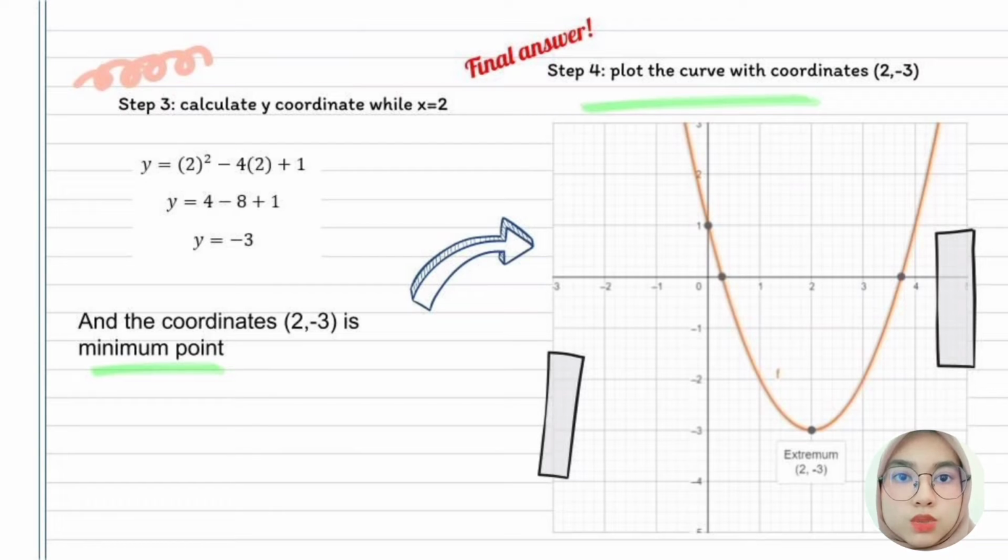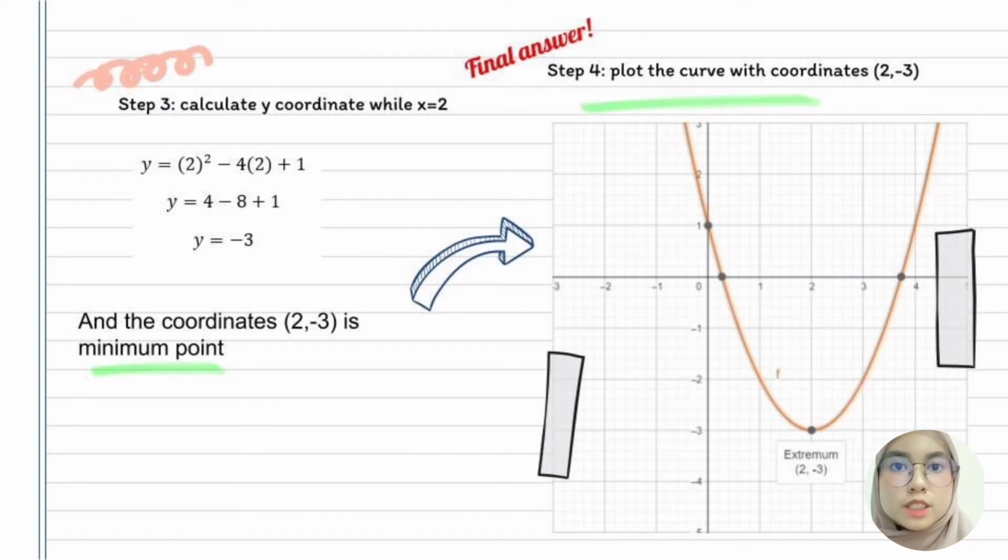That equals 4 minus 8 plus 1, which is negative 4 plus 1, so y equal to negative 3. So we can state that this curve has a stationary point with coordinates (2, negative 3), and we are done.